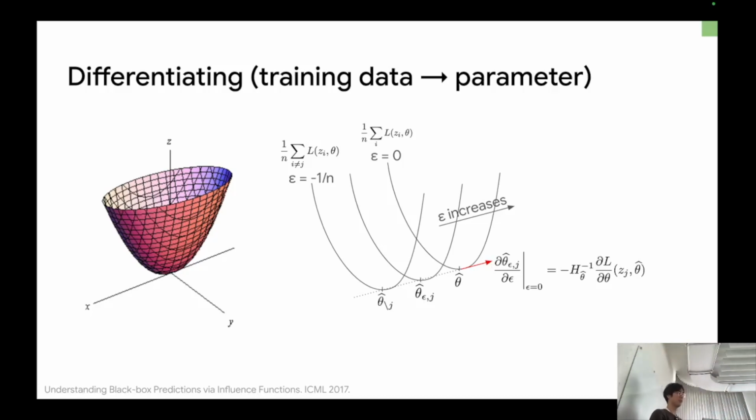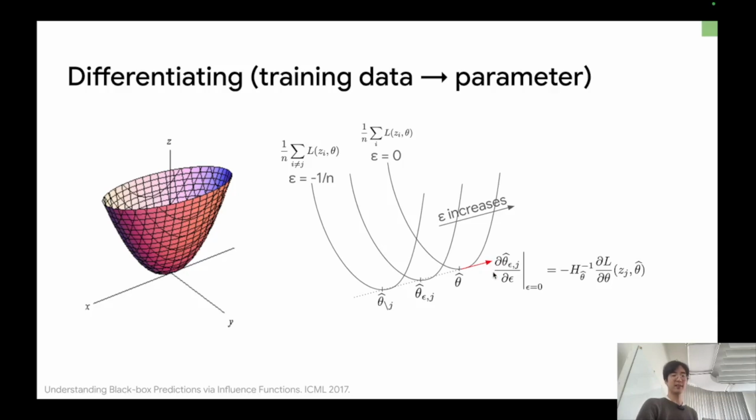And you're basically wondering about the direction in the weight space that theta hat moves when you change the value of epsilon around 0. So this is the instantaneous rate of change of theta hat as you vary epsilon here.